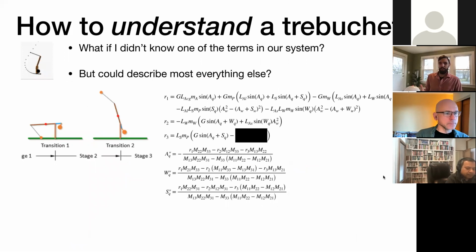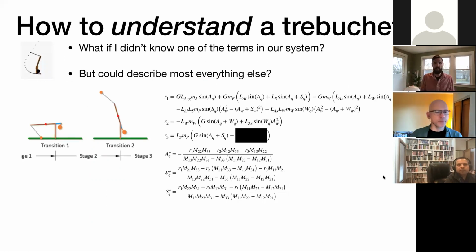Now, for the third little iteration on ways in which you can play with derivatives within a given physical system, we could learn how to understand a trebuchet model better. Pretend I didn't have that handy virtual trebuchet cheat sheet and someone else had derived the system for me. Pretend I didn't have that.